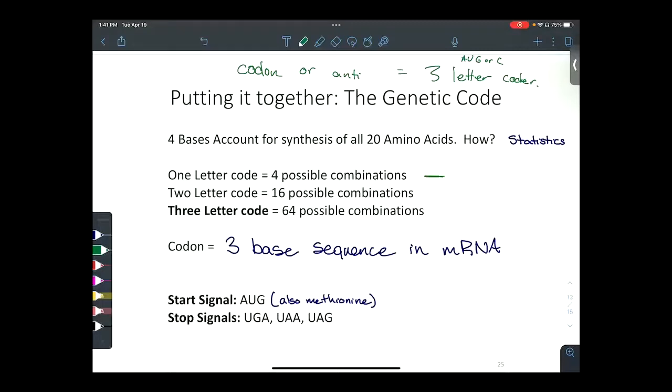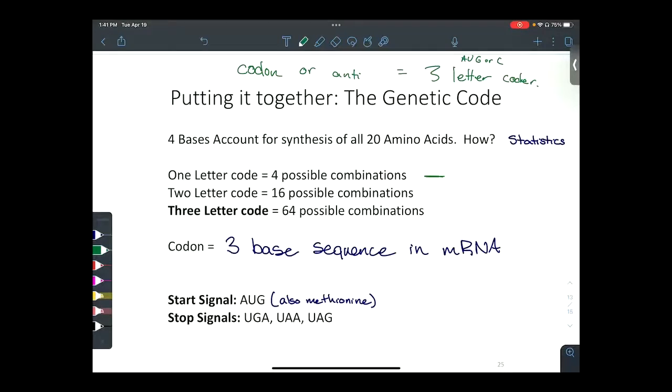If I have a keyboard and there's only 4 letters on the keyboard, and I can only press 1 letter, how many unique combinations can I do? 4, yeah, I'm tricking you, this is statistics, okay? Yes, I can only do 4 because it's only 1 letter. I can either pick A, I can pick U, G, or C, that's it.